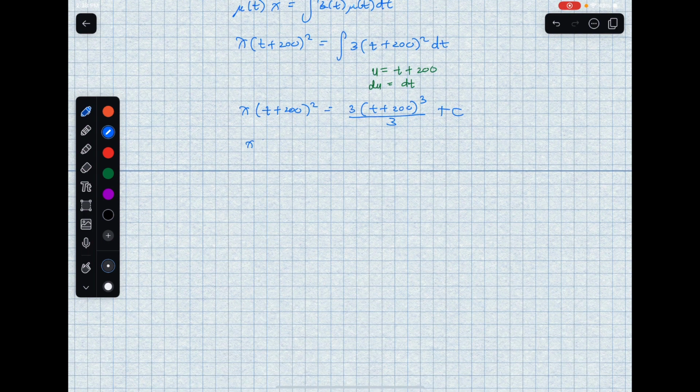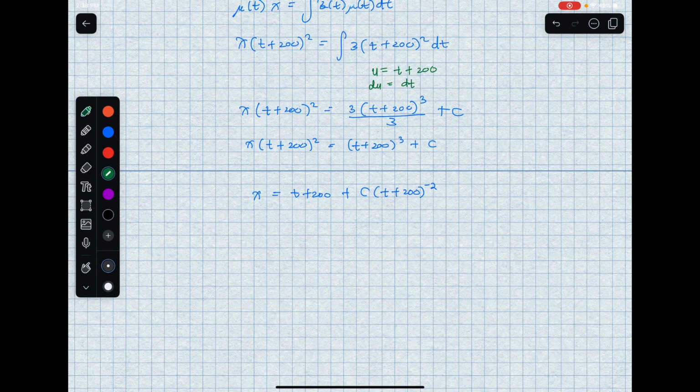Thus giving us x times t plus 200 squared is equal to t plus 200 cubed plus c. So x then will be equal to t plus 200 plus c times t plus 200 raised to negative 2, since we multiply everything by t plus 200 raised to negative 2.